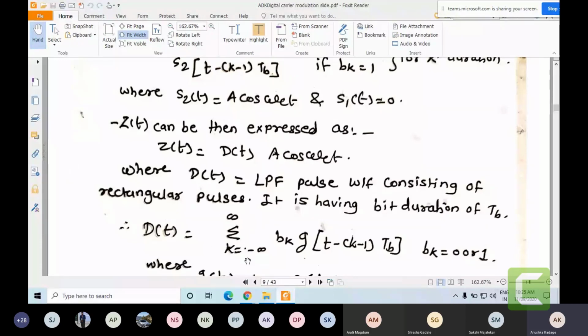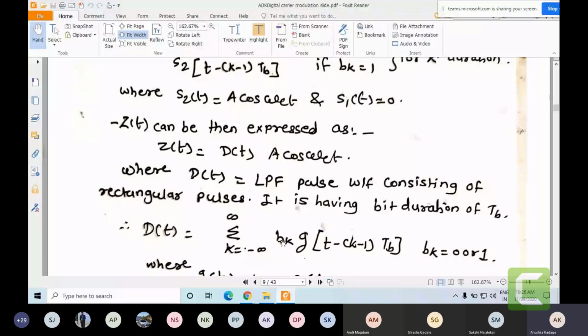So we are saying the k, that is the instances for the pulse occurrence, will start from minus infinity to plus infinity, and it is given by bk multiplied with g(t - (k-1)Tb). So in short, I can say that g(t) is having a shifted version representation in this given equation of d(t). And here bk value will be either 0 or 1. That means this bk is nothing but the bit pattern that we have connected to the given modulator block diagram.